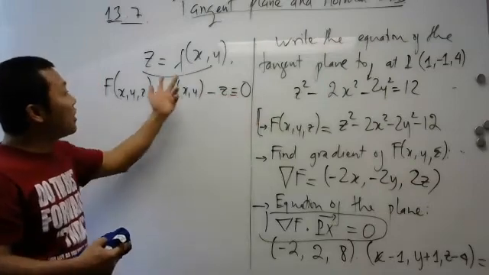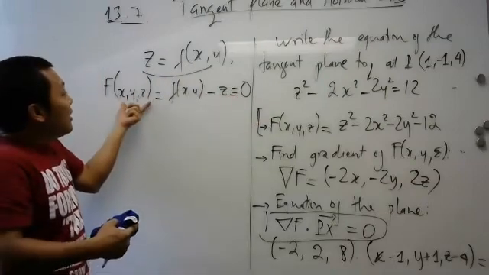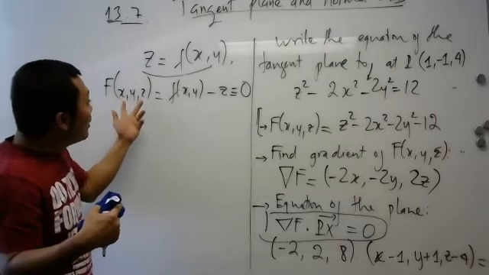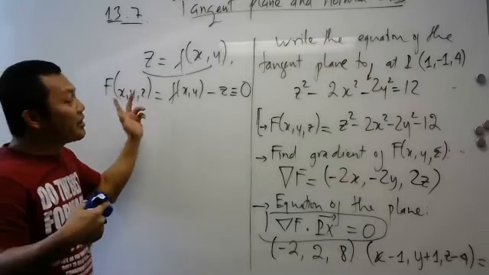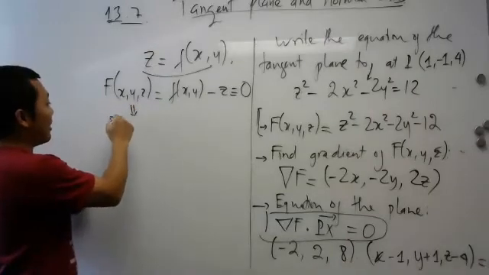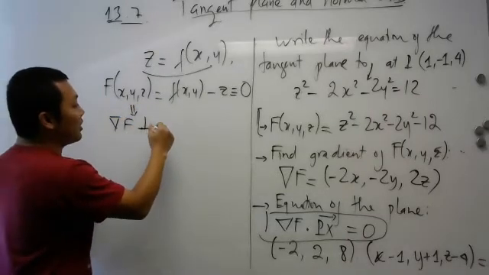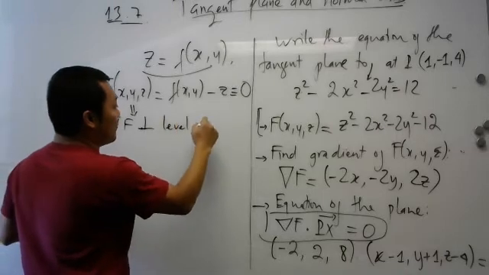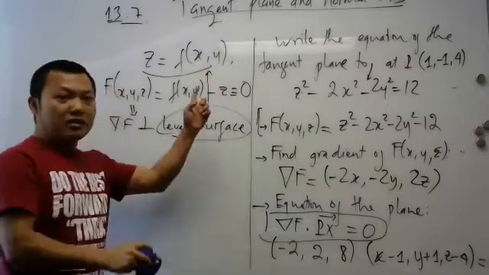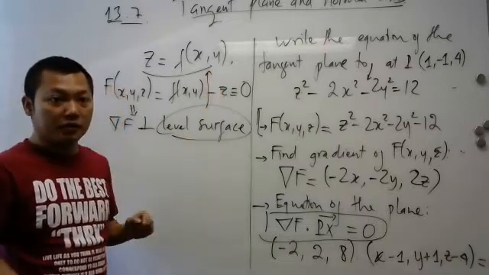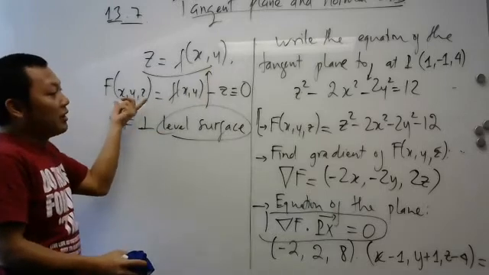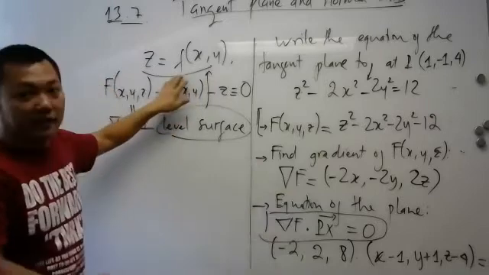So thanks to that, the gradient of this function is perpendicular to the level surface, which is our surface from the original. That's why the gradient vector of this function will be the normal vector for this surface.